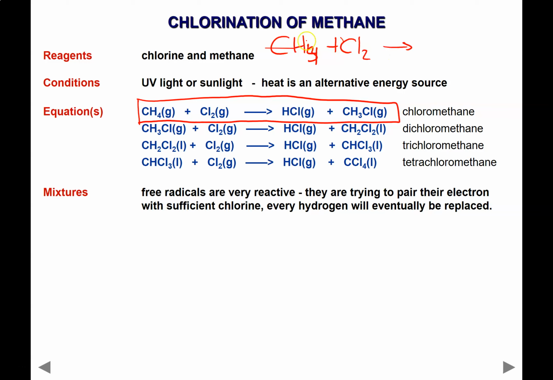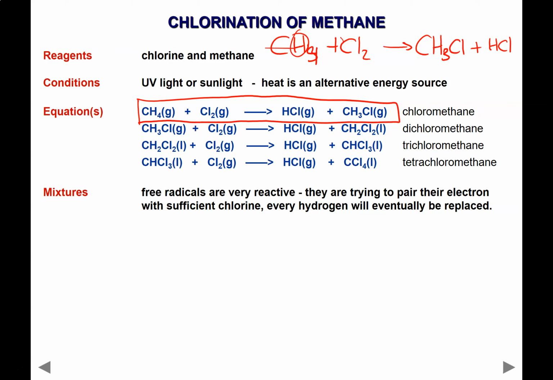One of the hydrogens is replaced by a chlorine, so then you have CH3Cl and HCl, hydrochloric acid, formed. Your free radicals are very reactive because they want to bond that unpaired electron. That is the reason why free radicals are used in these reactions.